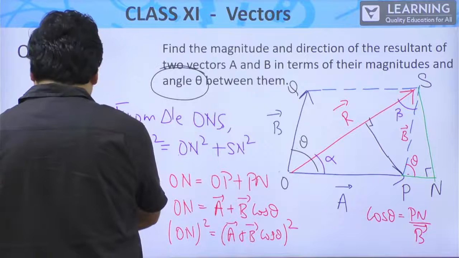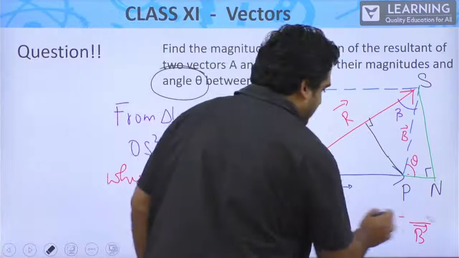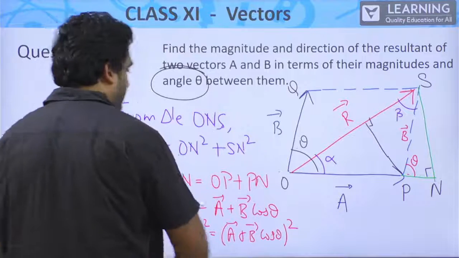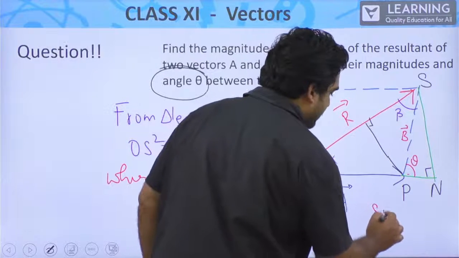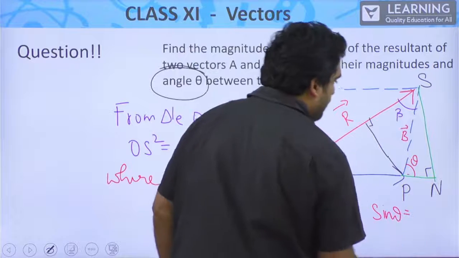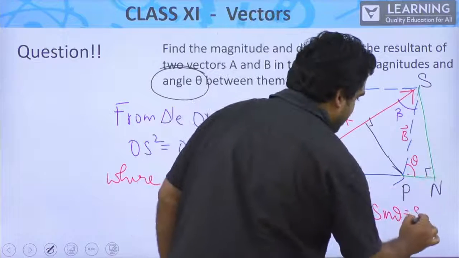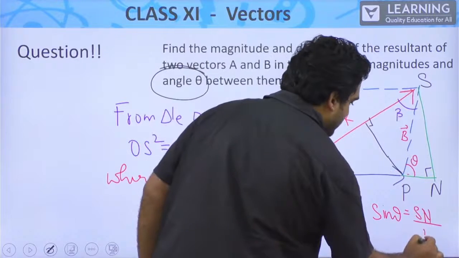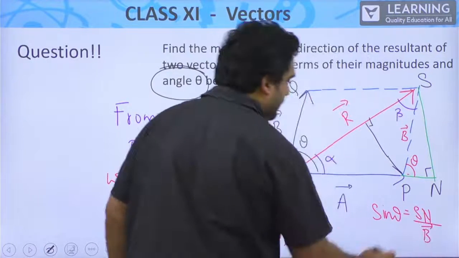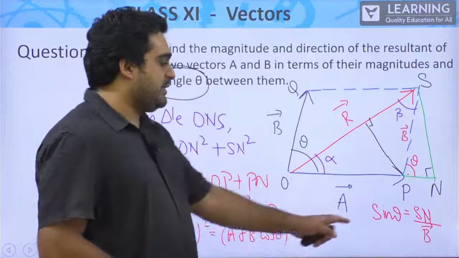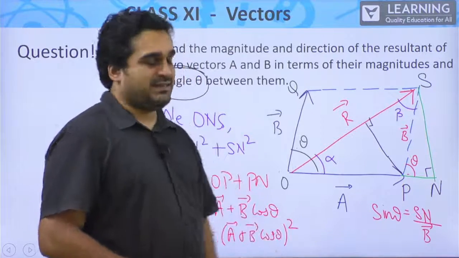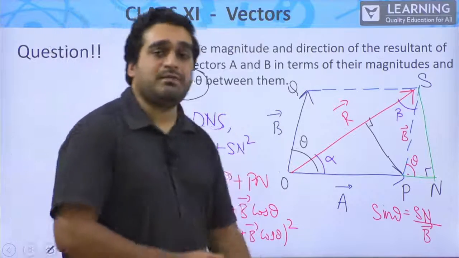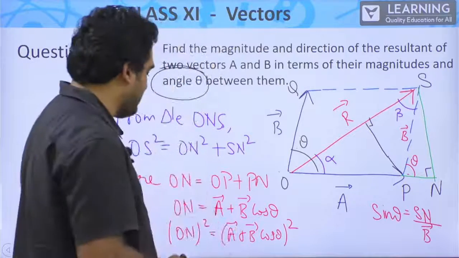I write it here. Sine theta equals opposite, which is SN, by hypotenuse, which is B vector. So SN will be equal to B sine theta. Since you have SN square, it will be B square sine square theta.